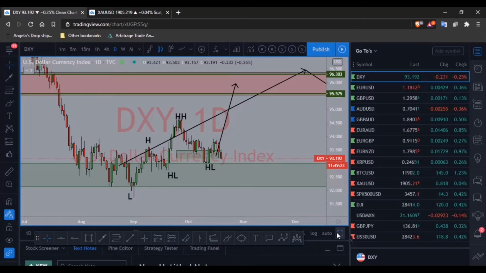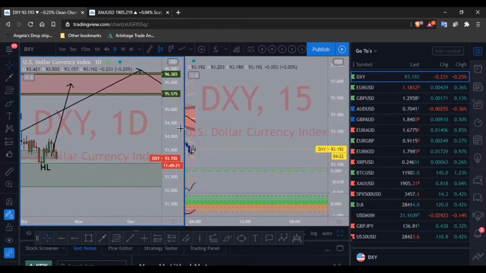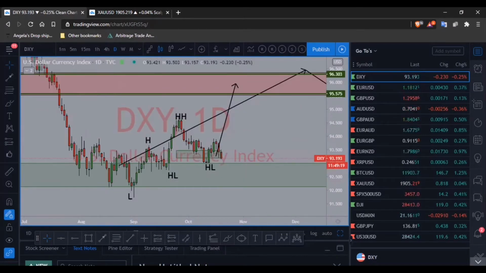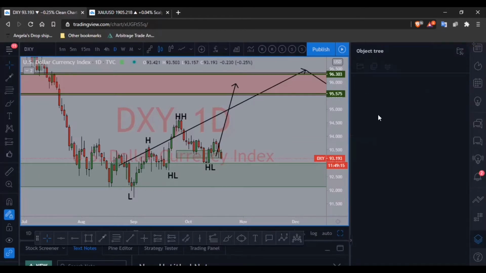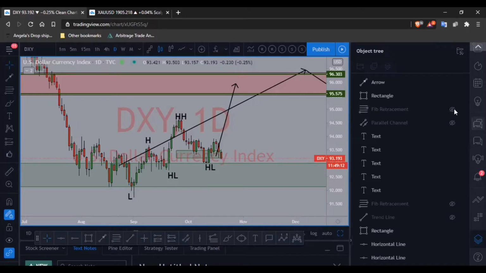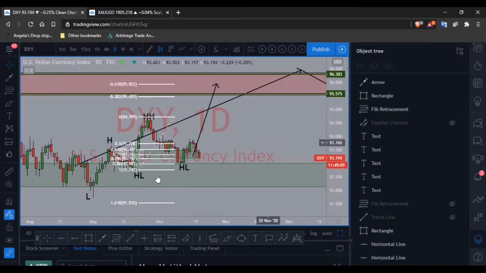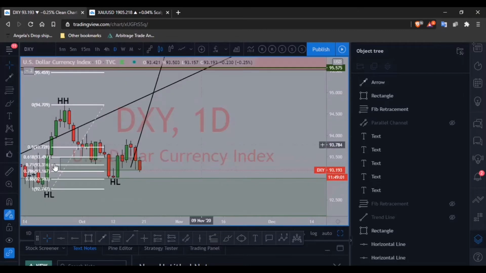Before I continue, let me bring up the Fibonacci that I had. I'm not going to even have it from this bullish point right here. Let's just talk about this bullish move to the downside.